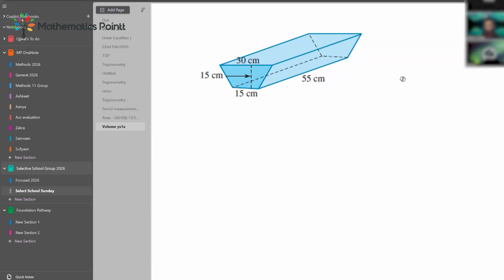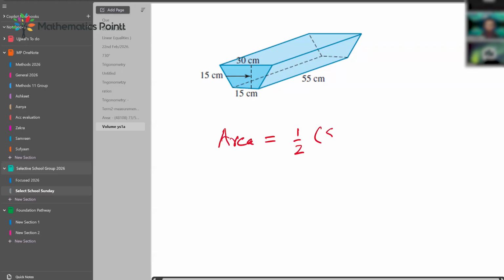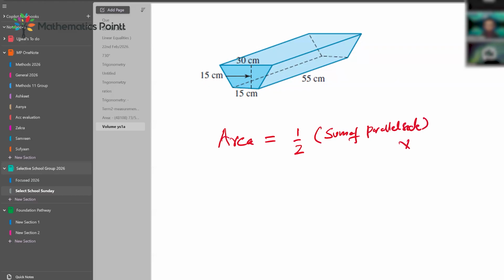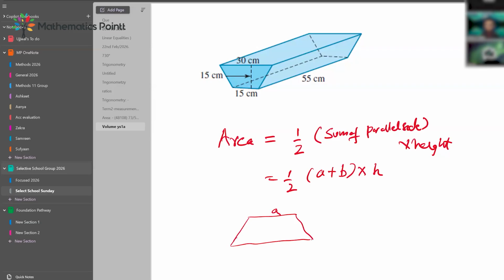Okay, the formula for the trapezium, the area of trapezium is half the sum of parallel sides times the height, which means half a plus b times height. So if I have a trapezium like this, this is A, this is B, and this is the height.